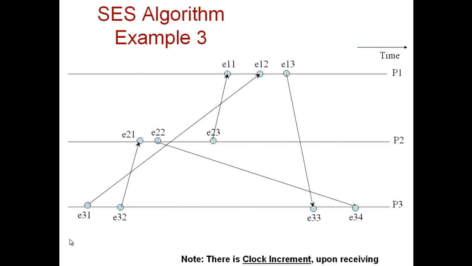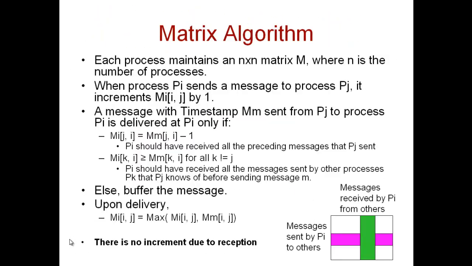So the matrix algorithm is essentially storing information about the messages that were sent from one process to all processes, and the messages that were received at a process from every other process. So we have a matrix that captures information like this. A row i indicates the number of messages that were sent by process Pi to others, and the column i indicates the number of messages that were received by Pi from the other specific processes.